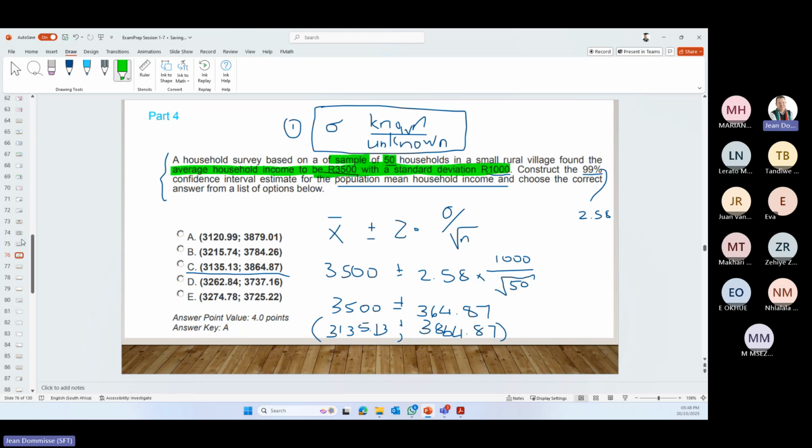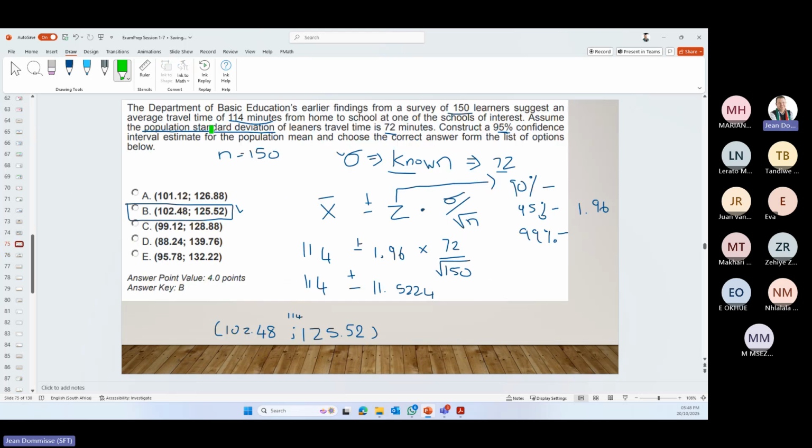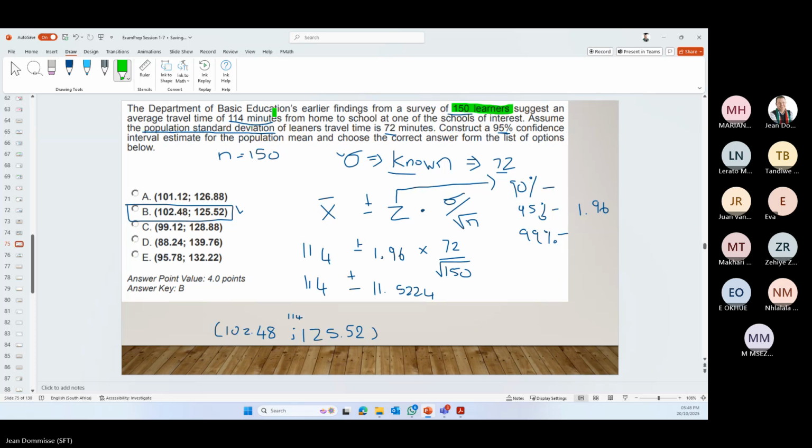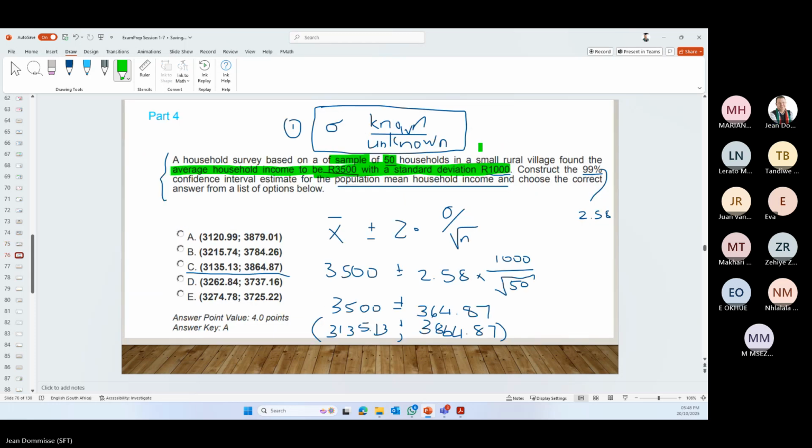Now let's go back to that previous question. Here they also said there's 150 learners. Average time, assume population standard deviation. Okay. In here, nowhere did they tell us that we assume.